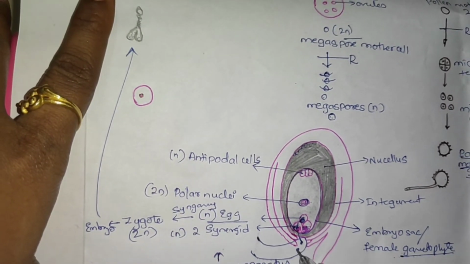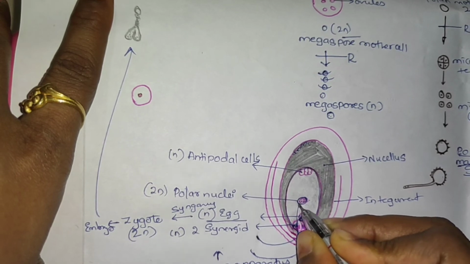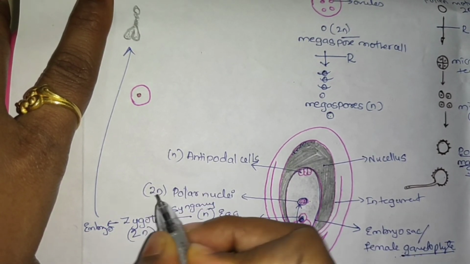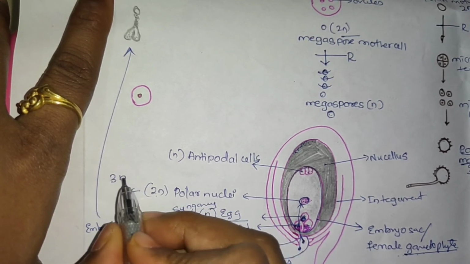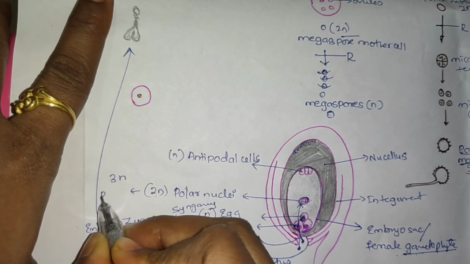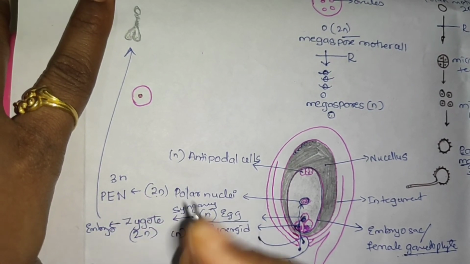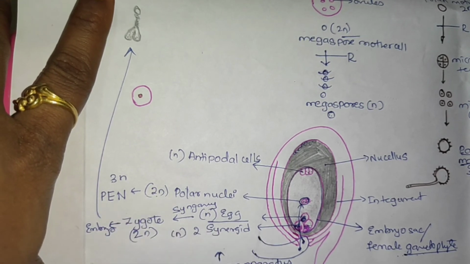Later, there is one more male nucleus. Another male nucleus, what does it do? It fuses with the polar nuclei. But already the polar nuclei is diploid. So it forms the triploid primary endosperm nucleus. This is the full form, primary endosperm nucleus.